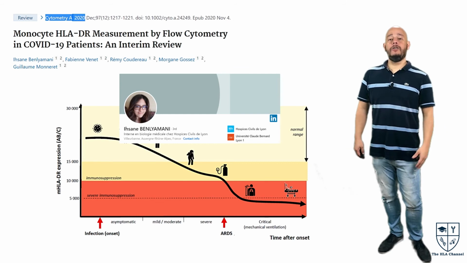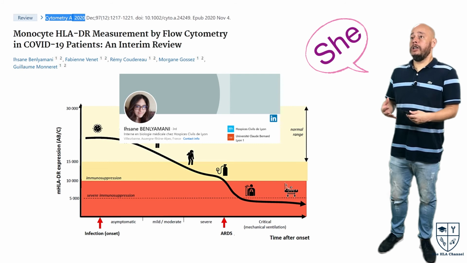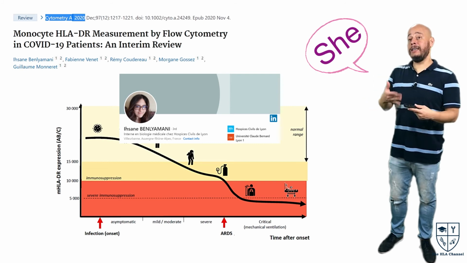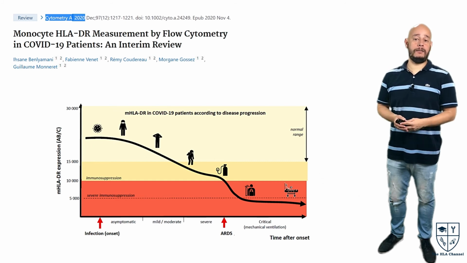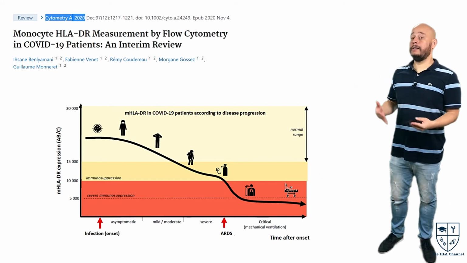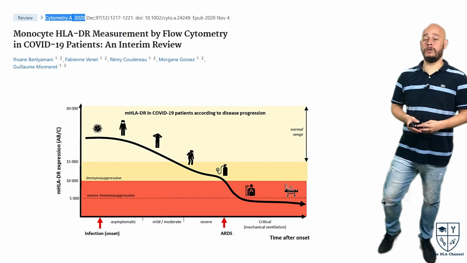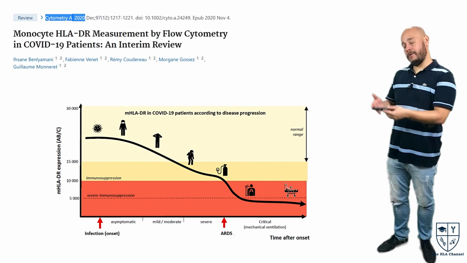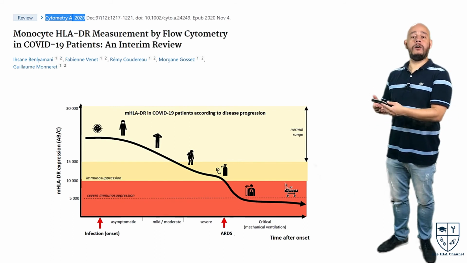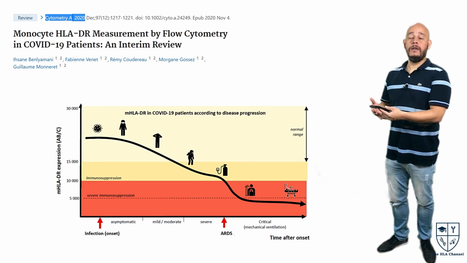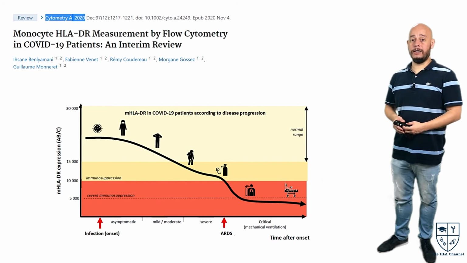Ben Liamani showed less HLA-DR expression in circulating monocytes, which created immunodepressed conditions for the host response. Okay, so if you have less HLA-DR expression in your monocytes, you get worse in the COVID disease.